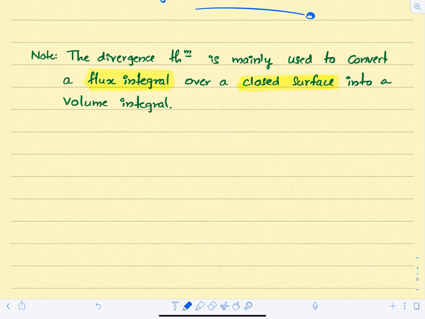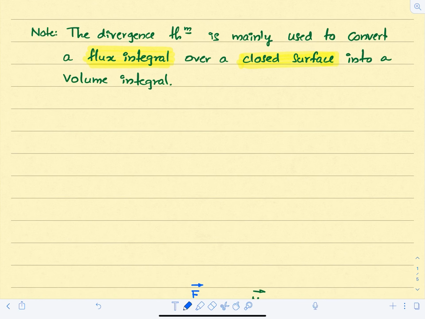Let's state the divergence theorem. So we have the boundary of a solid.